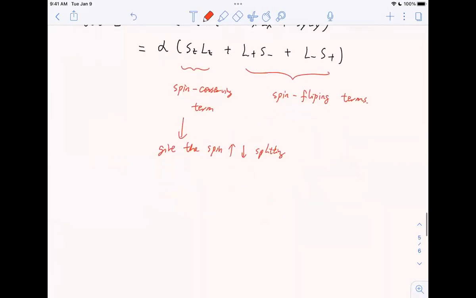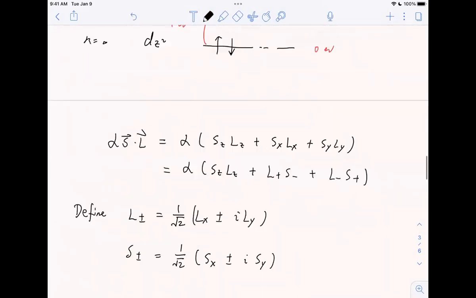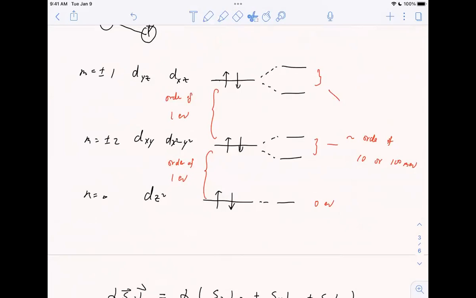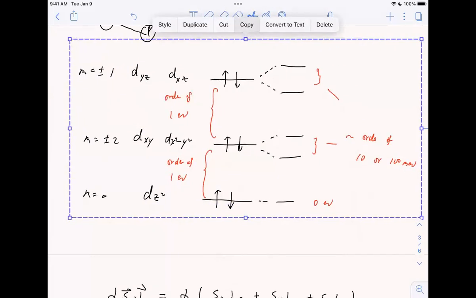So for example, let me just copy this whole thing.